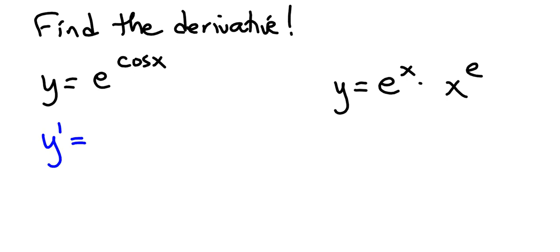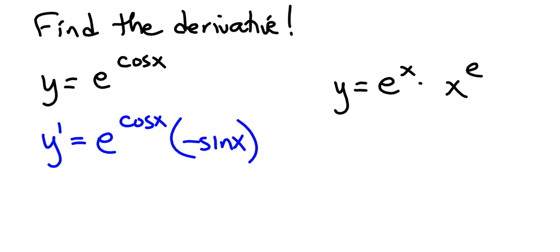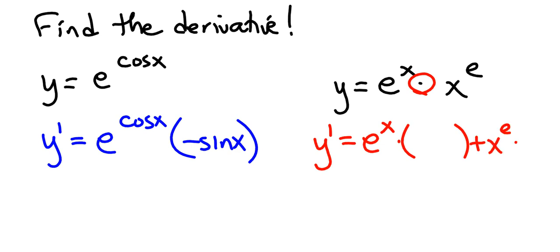Well, the derivative of e to the something is e to the something. Chain rule says multiply by the derivative. Over here, we've got a product. So we use the product rule. The derivative of the product: first times derivative of second plus second times derivative of first.